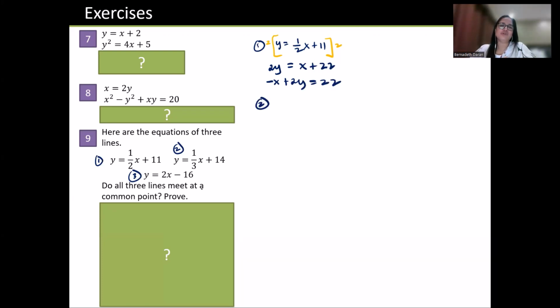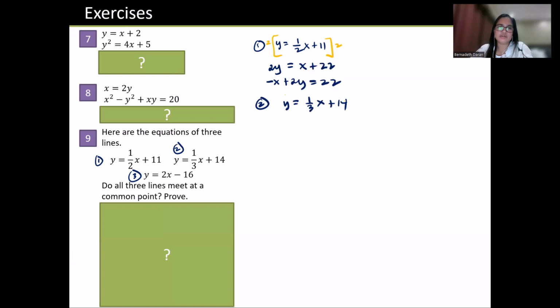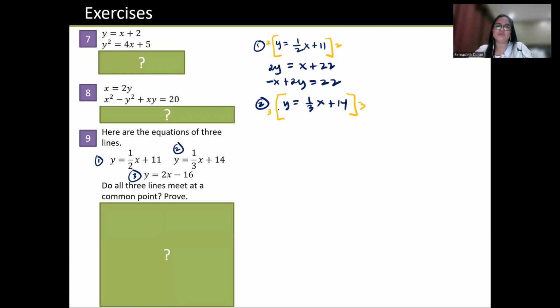Now for equation 2, we have y is equal to 1/3 x plus 14. So we multiply both sides by 3 to remove the denominator, because again, it's much easier to navigate around quantities with no denominator.